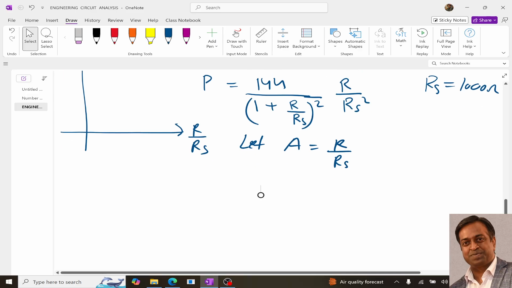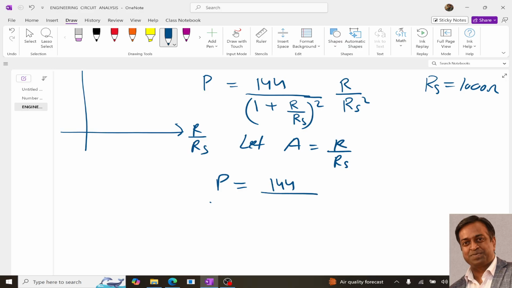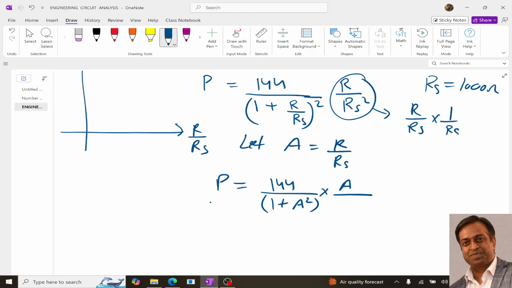Substituting this R by RS as A, our P will become 144 upon 1 plus A square, into R upon RS square, which can be written as A upon RS.